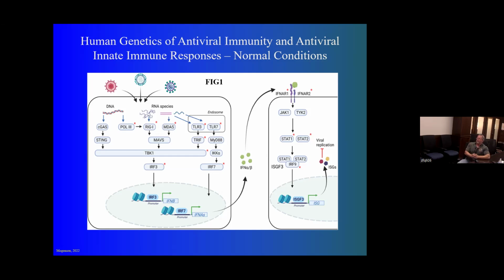But under normal conditions, in a person that has a fully functional, intact immune system, we would see viral replication occurring, whether it's a DNA virus or an RNA virus, or maybe a mix of both.